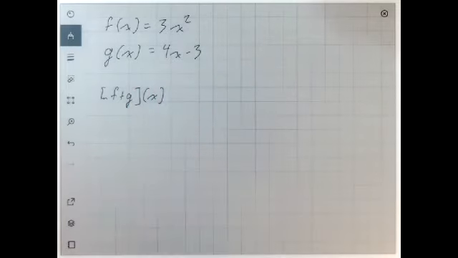And I use square brackets to distinguish the brackets containing f plus g and the bracket containing x. Some sources use parentheses instead. It's the same basic idea.